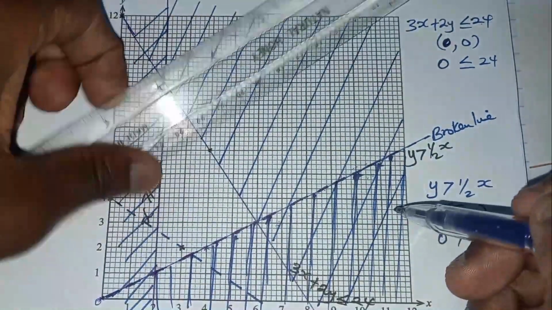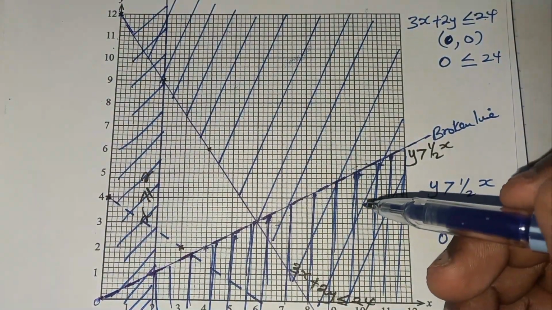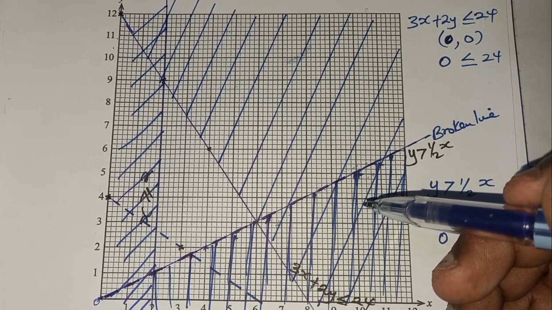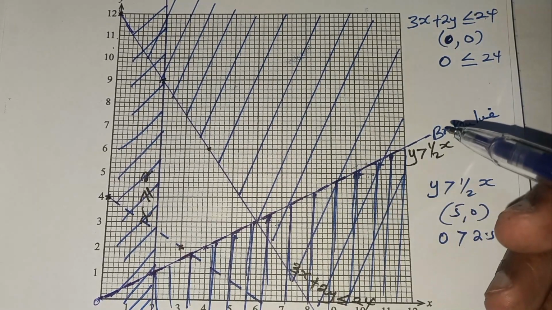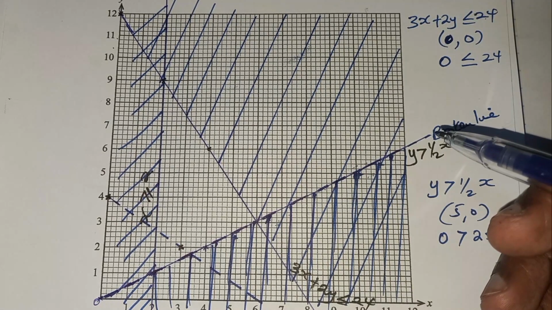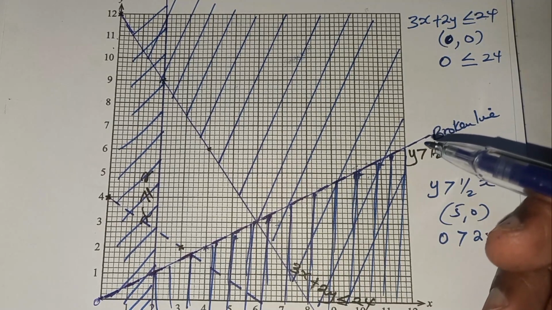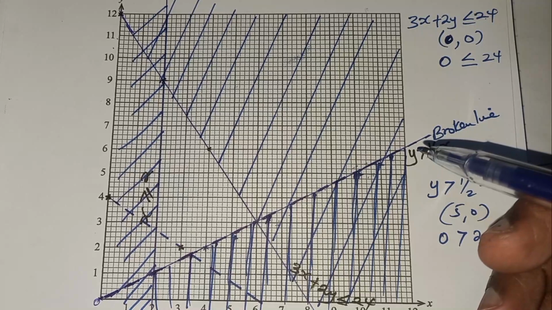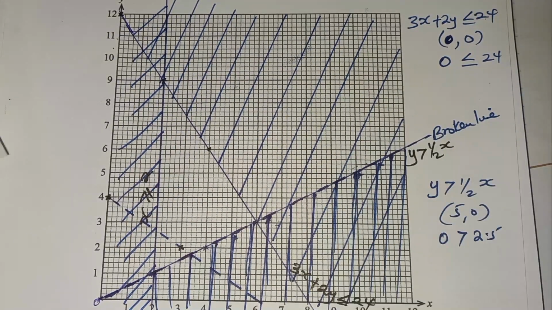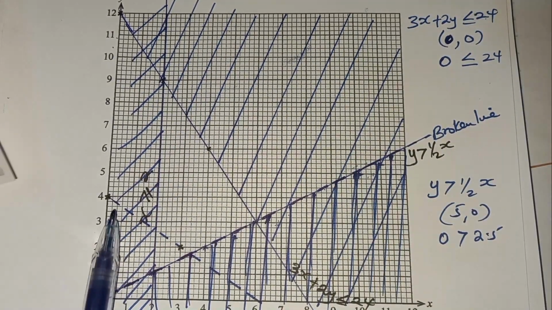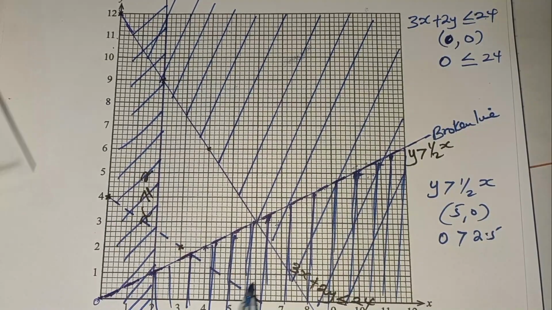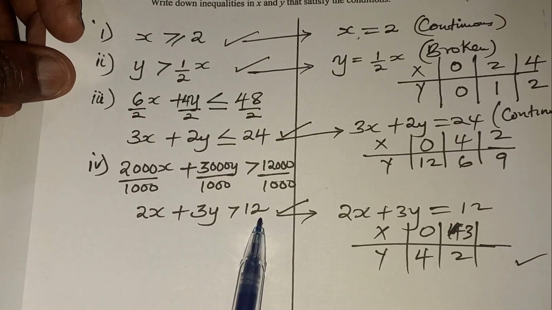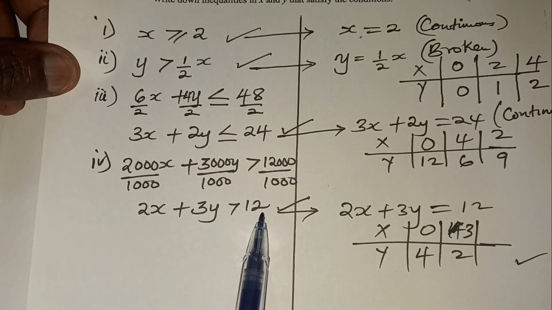So we've shaded, and the only thing remaining now is there's one line that is here, this line that is broken: 2x plus 3y is greater than 12.